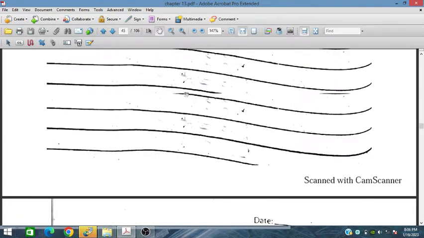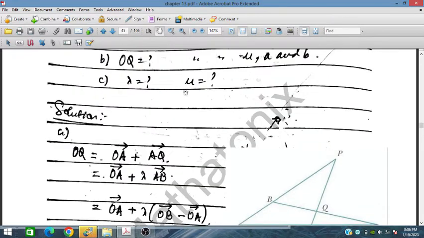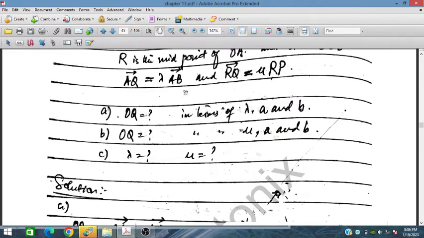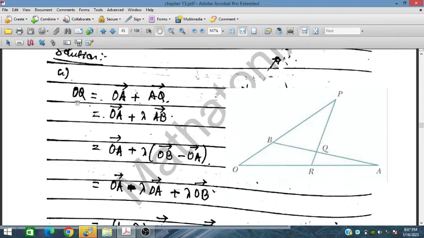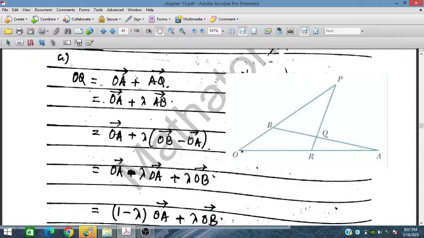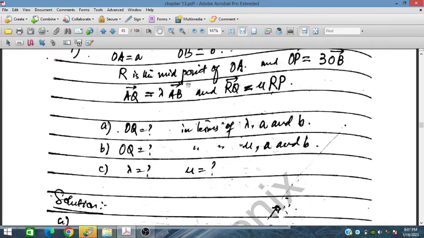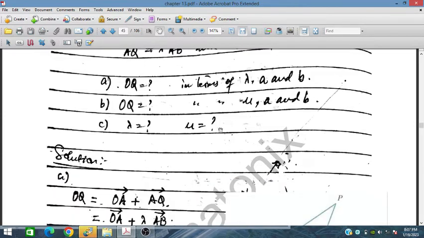Here we have question number 1. We have all this information according to this figure. So OQ, from here to here, is equal to OA, O to A, plus A to Q. OA is simple, and AQ is lambda AB, as given.